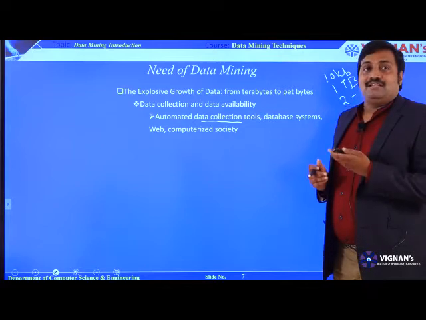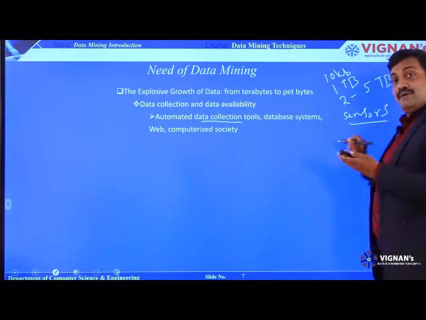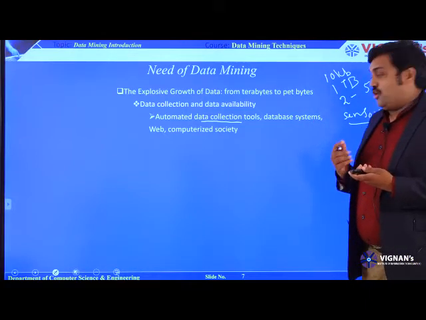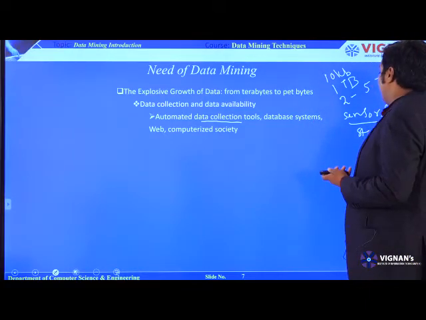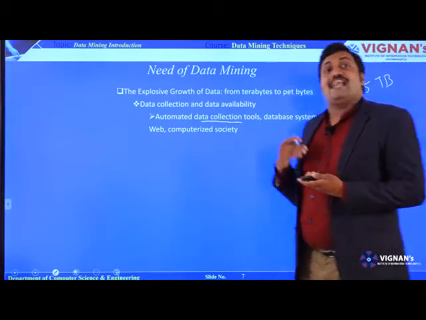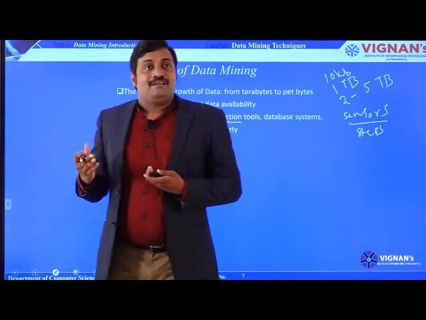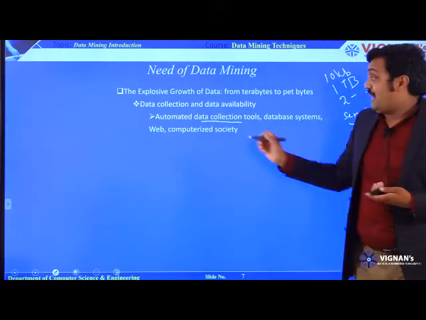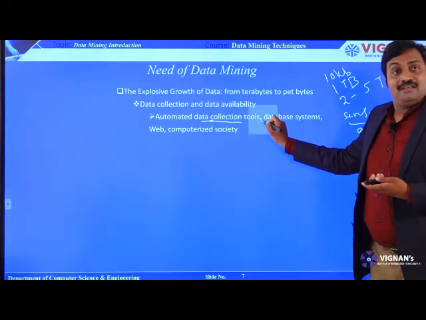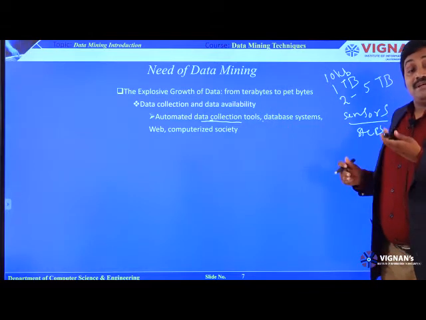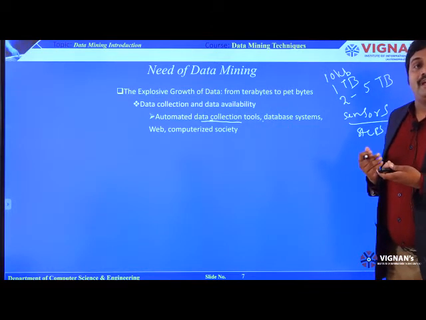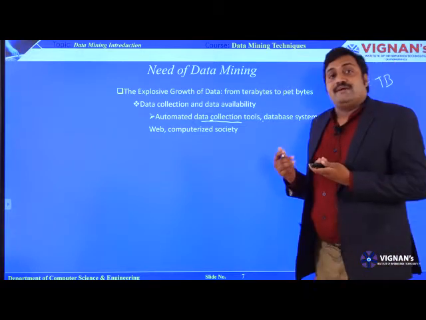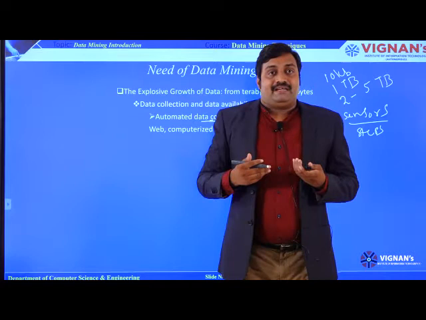The mobile has sensors that can count how many steps you take and how many calories you burn today. That is analysis, based on automated data collection tools, and based on that data you take a decision. Okay, today I walked 10 kilometers, so I am trying to make it more.